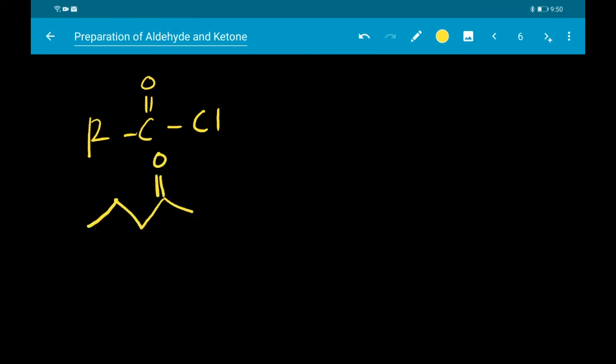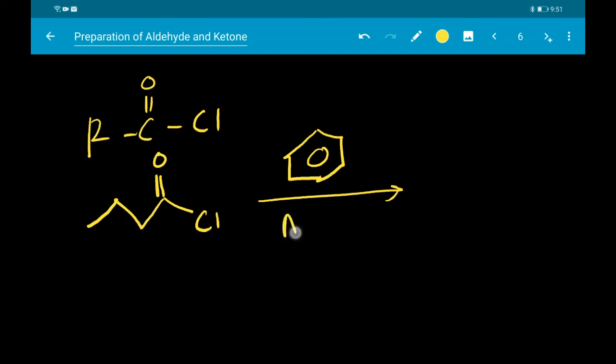Moving on to the preparation of ketone using acyl chloride. We take the same example, butanoyl chloride, with four carbons, the first carbon attached to the C double bond O and then Cl. The reagent for Friedel-Crafts acylation is benzene, and the catalyst needed is aluminum chloride.